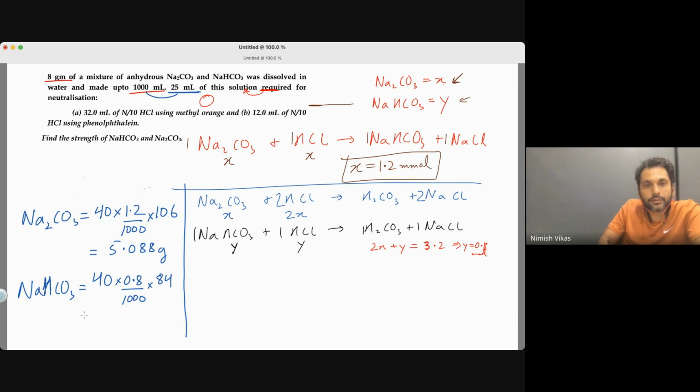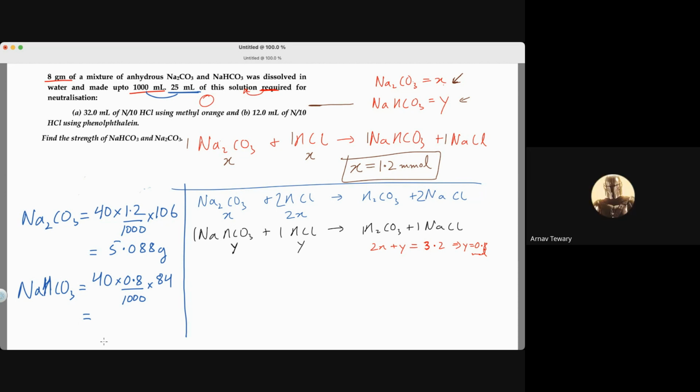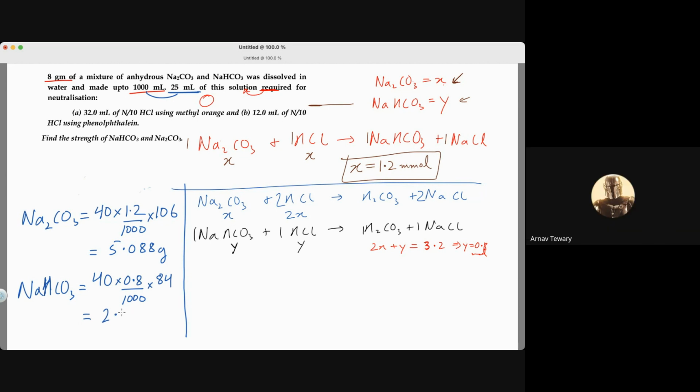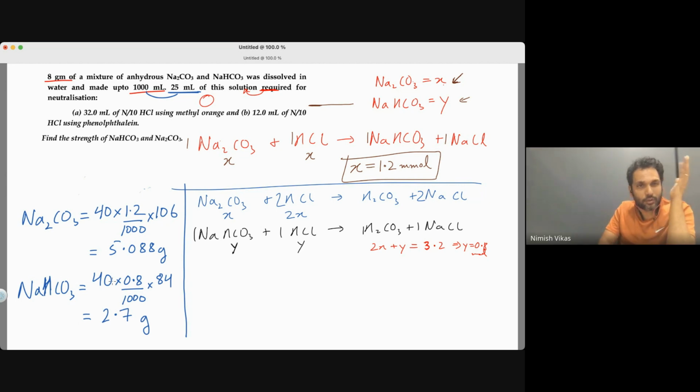Okay, so guys tell me what is the calculation, how much does it come? About 2.7. Rounded off value. Okay, so the total is less than 8 grams, so we are satisfied.